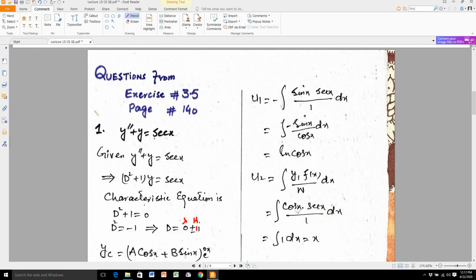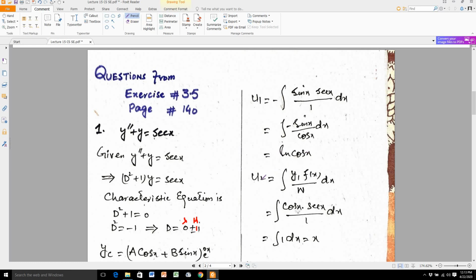Remember the properties of the integral. You know that when a function is in denominator and its differential exists in the numerator, then you apply the log natural with the function which is in denominator. So you get here log natural cos of x.